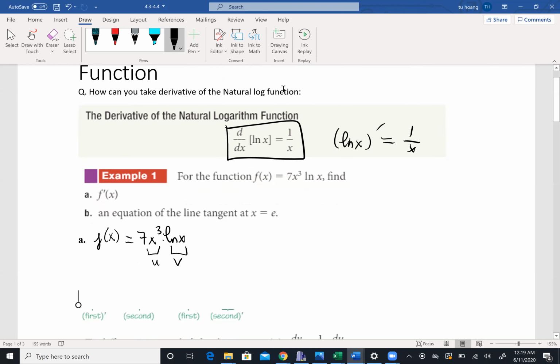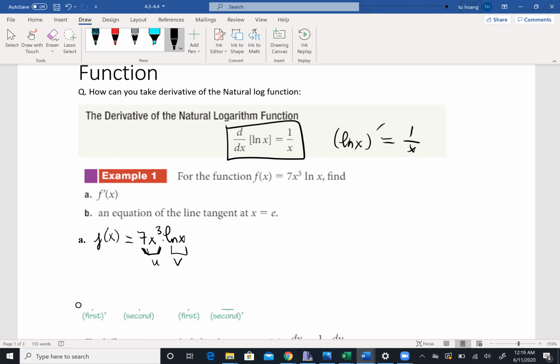If you consider, I'm going to include the 7 with the x cubed as u, and ln x as v.